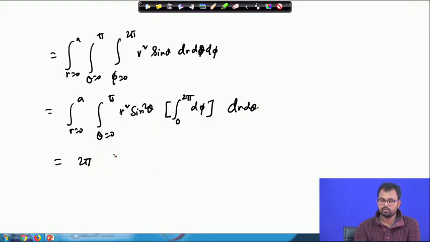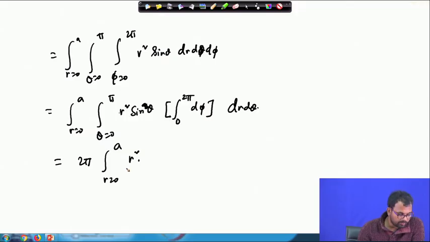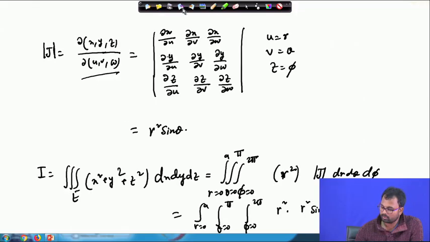Next, we will integrate with respect to theta, and this will reduce to minus cos theta, so let us write the limits from 0 to pi. When we integrate with respect to theta first, it will be r square.